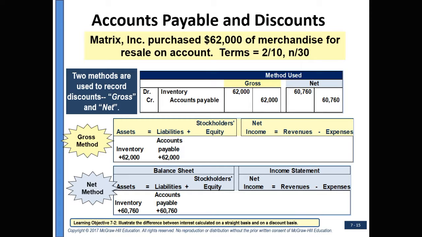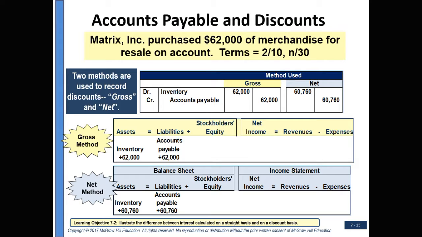If payment is not made within the 10 days, Matrix must pay the full $62,000 within 30 days. Using the gross method, Matrix will debit inventory for $62,000 and credit accounts payable for $62,000. If payment is made within the discount period, Matrix will then make the adjustment for the discount at that time. Assets and liabilities both increase by $62,000 on the horizontal model.